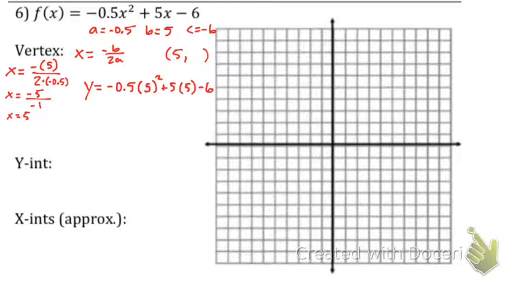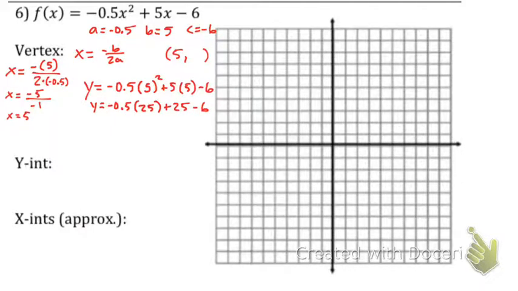So we have y equals negative 0.5 times 25, because 5 squared is 25, plus 25 minus 6.